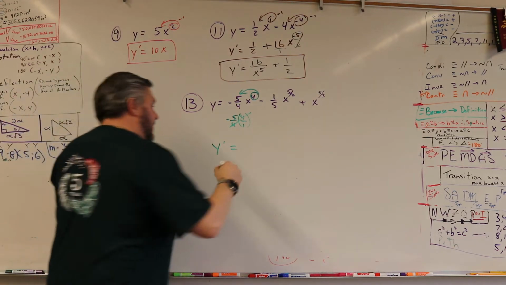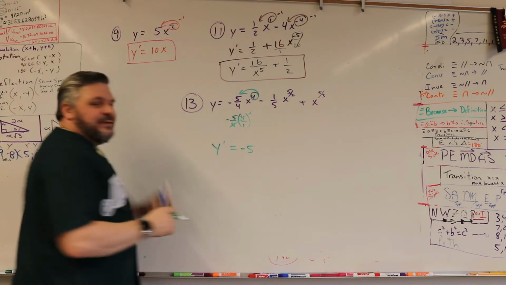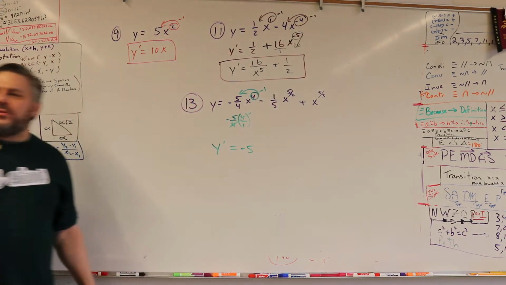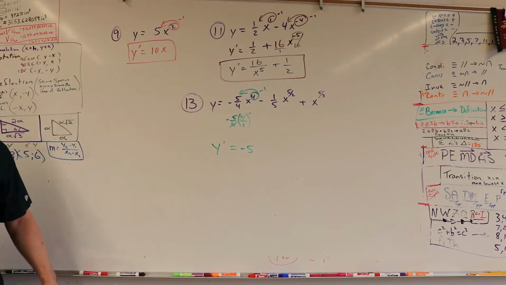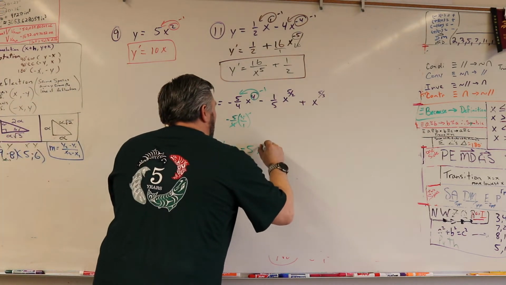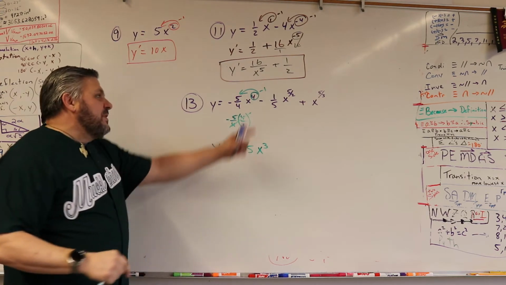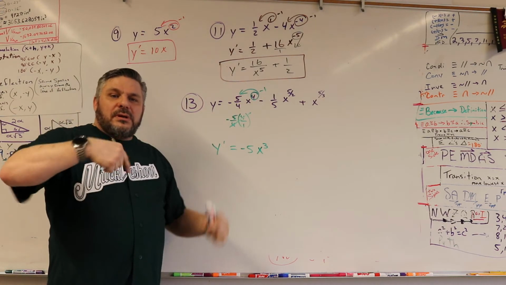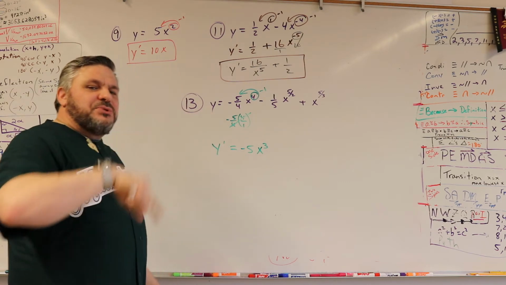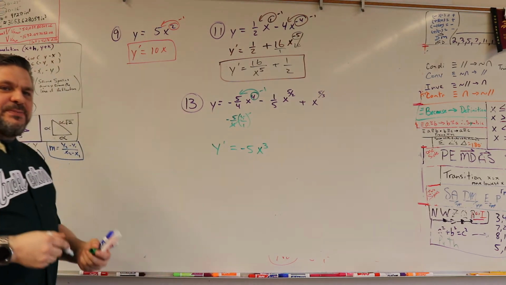And I'm left with negative 5. Then I subtract 1 from that 4, and what do I get? 3. I forgot where the negative 1 comes from. It's always minus 1, because that's part of the power rule. You multiply by the power, subtract 1 from the exponent.